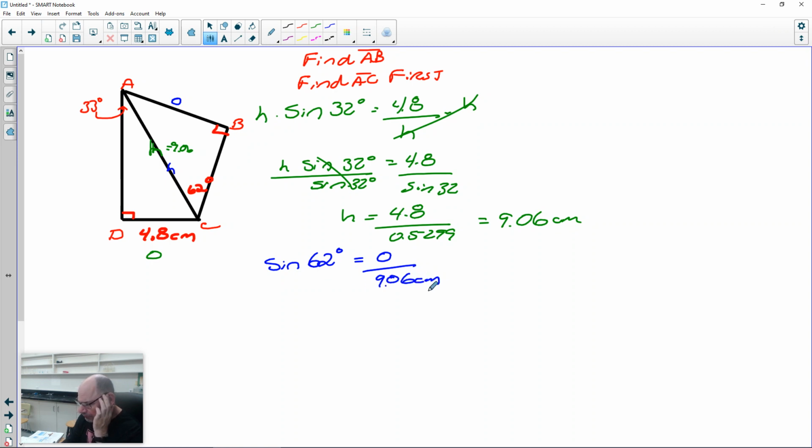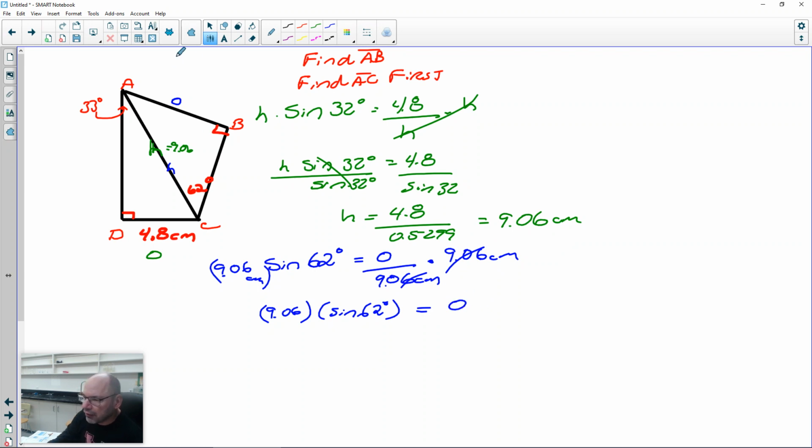This one's easier, we just multiply 9.06 centimeters on both sides. So we've got 9.06 times sine of 62 equals our opposite side. Let's not put an O for it because people think it's 0, so we'll put opposite side.